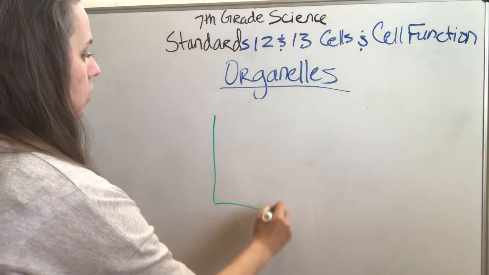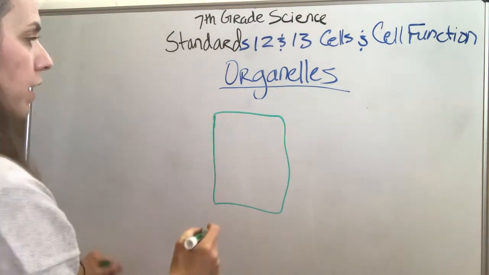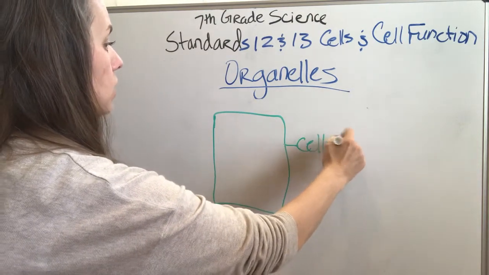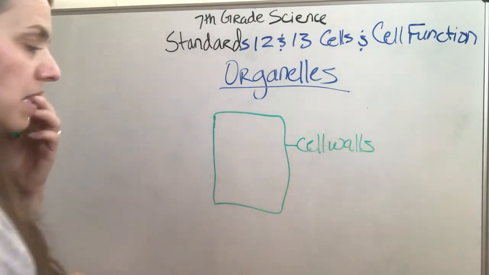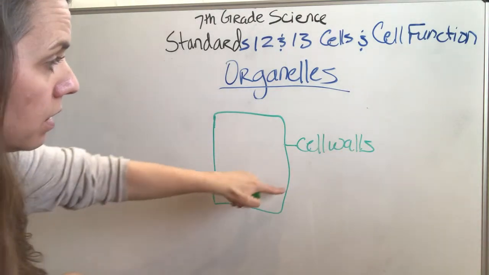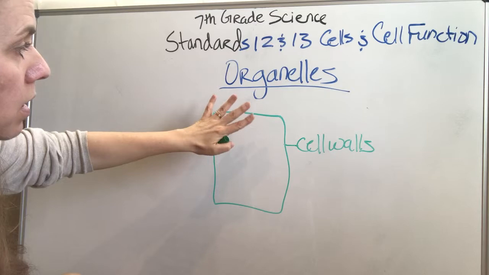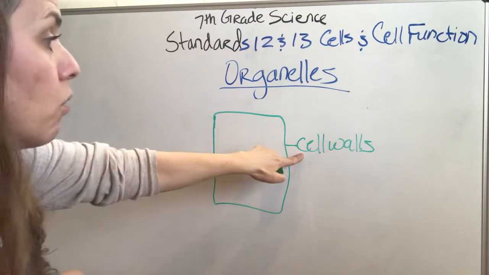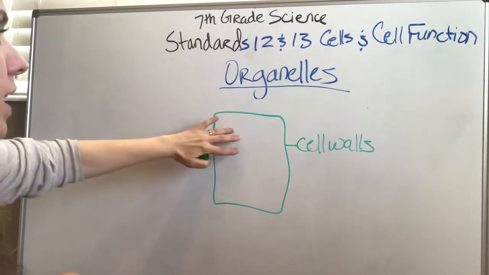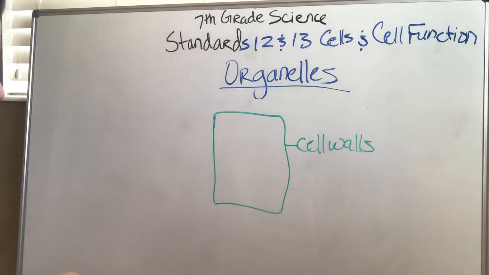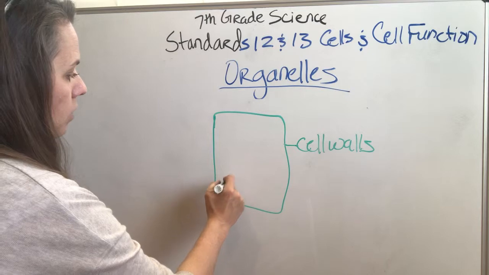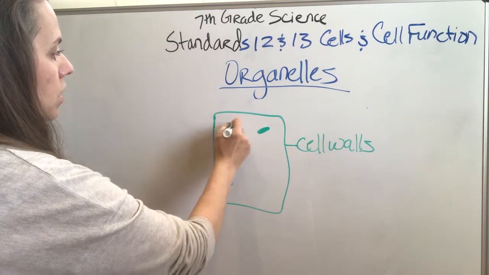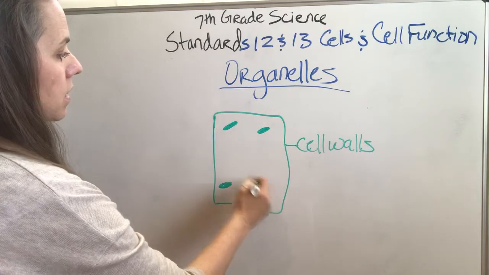Remember, plant cells are square, and they have cell walls. Okay, they also have cell membranes in here, but human cells and other, like I said, animal cells don't have cell walls. But plant cells do. So plant cells have cell walls, and they also have chloroplasts.